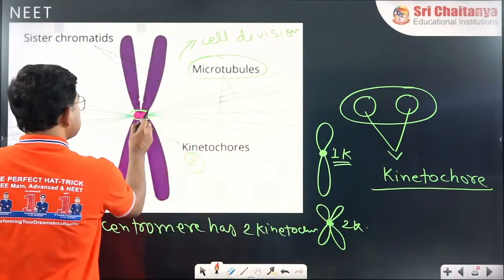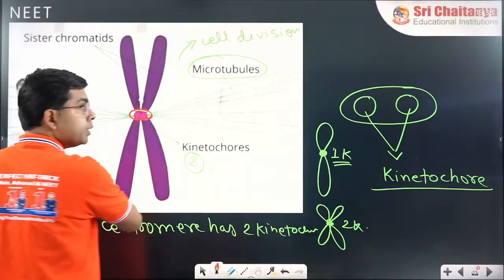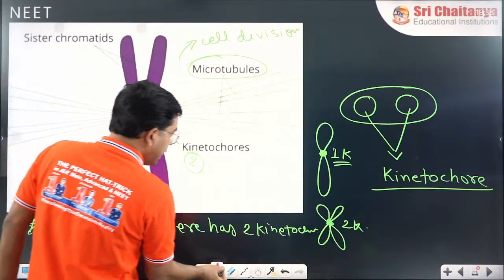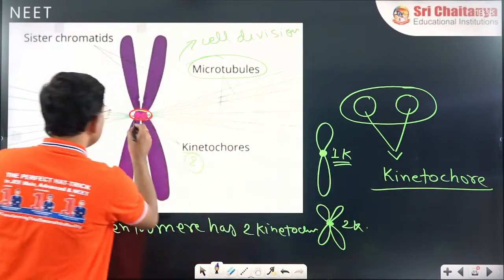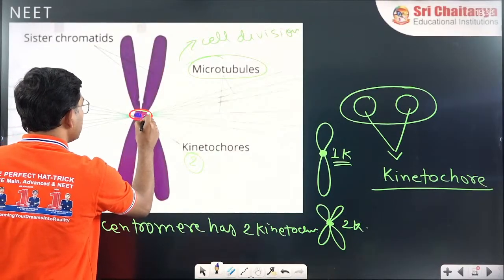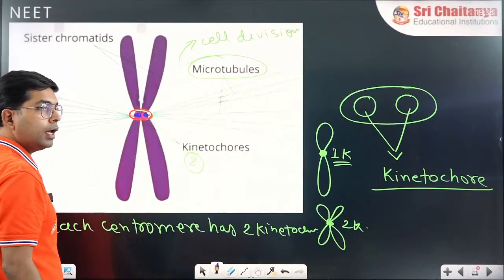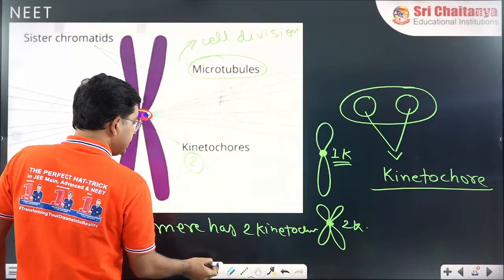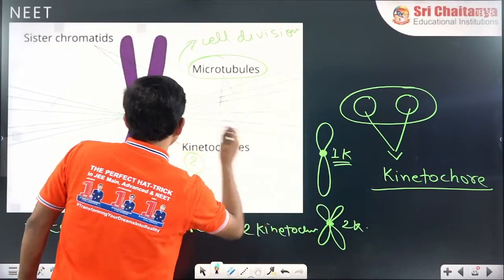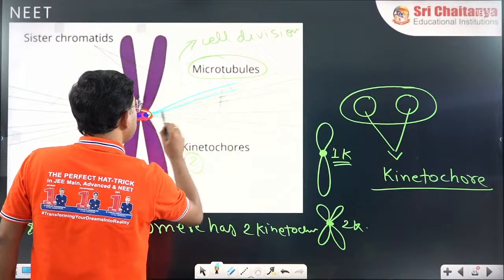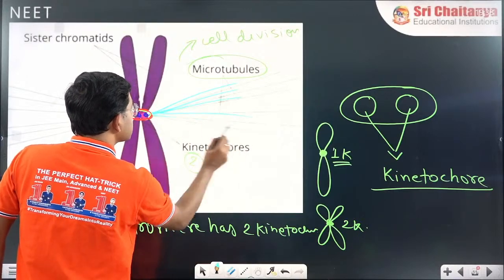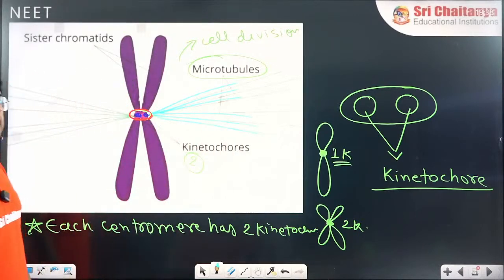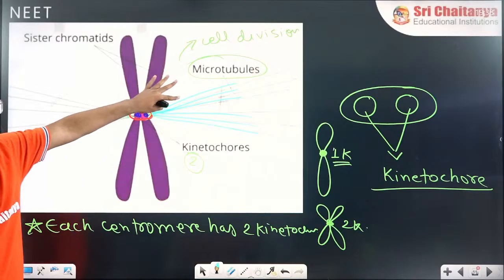See, here this is one centromere, right? Inside are two dense structures called kinetochores, and from here we can see that several ray-like structures are coming out, and those ray-like structures are called microtubules.